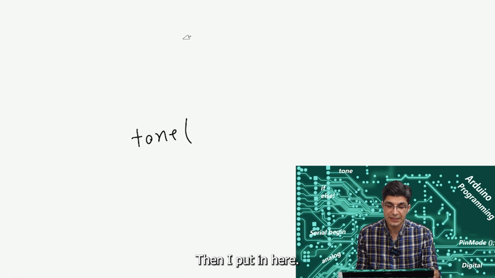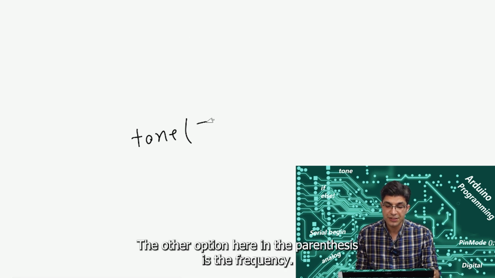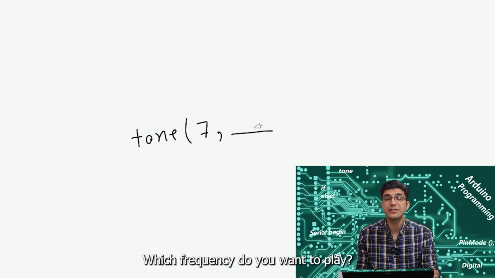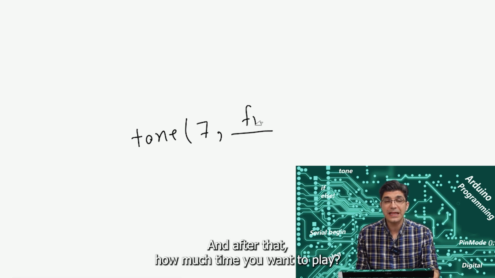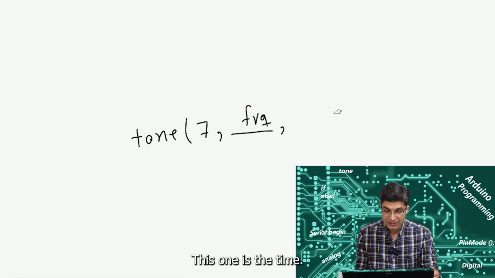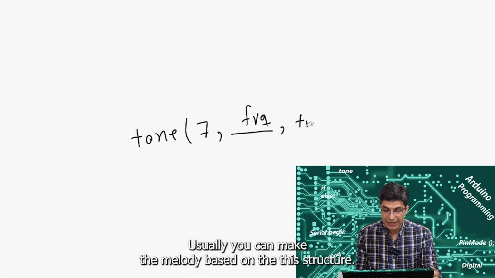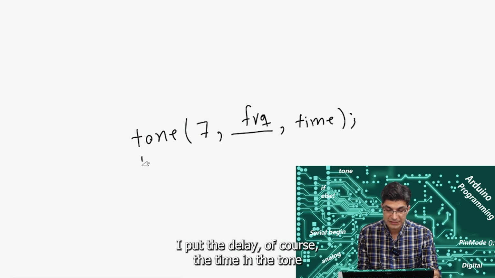Then I put it in here. The other option in the parentheses is the frequency. Which frequency do you want to play? This one is the frequency. And after that, how much time you want to play. This one is the time. Usually you can make a melody based on this structure. I put the delay.